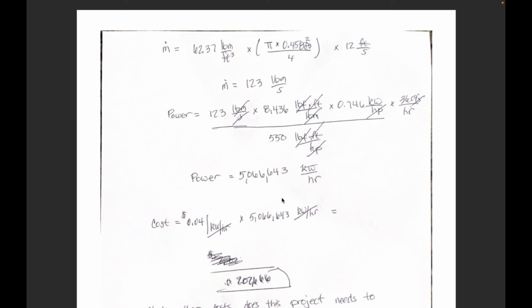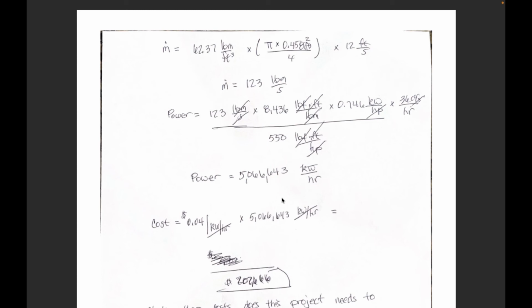And so now, calculating power. Power is your mass flow rate times the work of your pump, and then you have to convert it to kilowatts. So 123 pound mass per second times 8,436 pound force foot per pound mass times 0.746 kilowatt per horsepower. Yeah, that's the conversion.